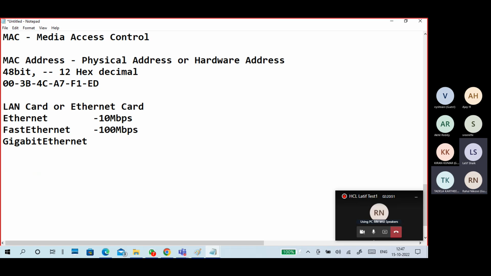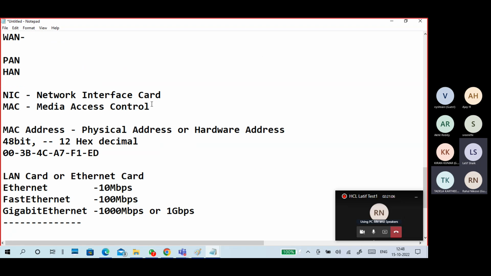B is small, meaning bits per second. 1000 Mbps or 1 Gbps. So these are the LAN card or Ethernet, NIC card, MAC address.